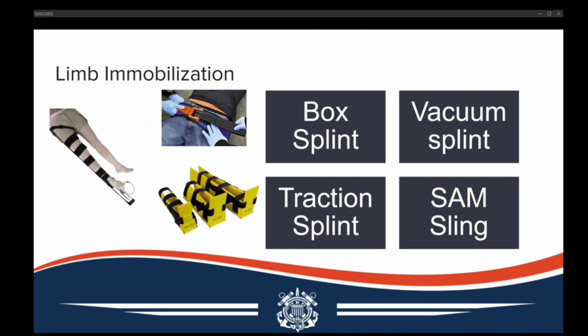So the key there is to use a SAM sling to essentially squeeze it back together, to prevent any movement of the pelvis during transport, to reduce the risk of internal arterial cuts.